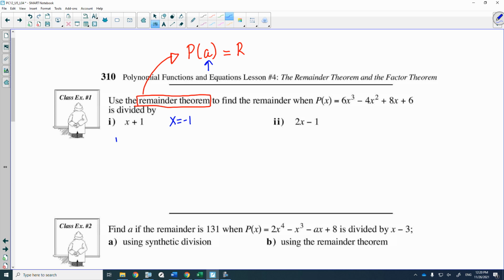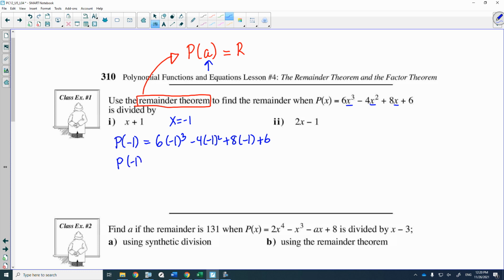So if I input into my polynomial function a -1 every time I had an x, and I calculate that, the output would be the remainder. So 6 times -1 cubed, minus 4 times -1 squared, plus 8 times -1 plus 6.